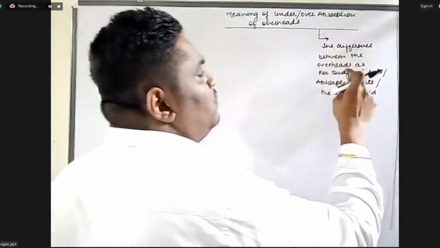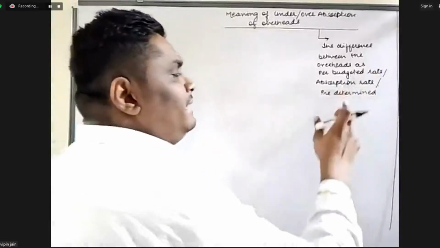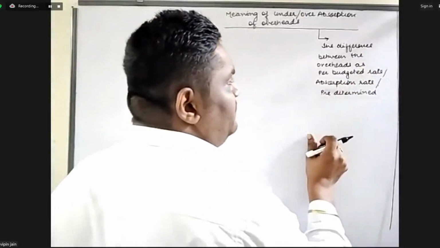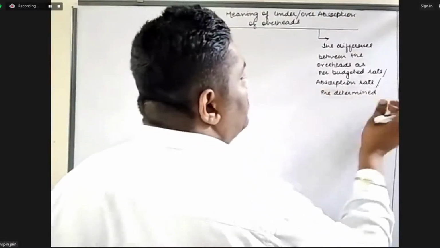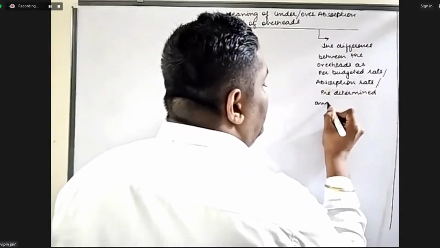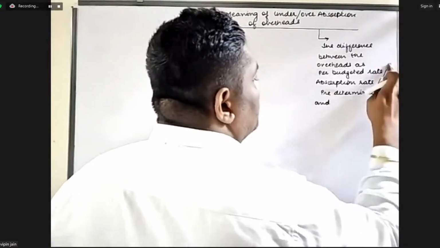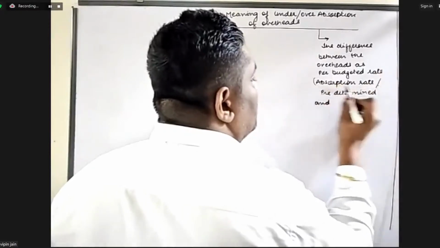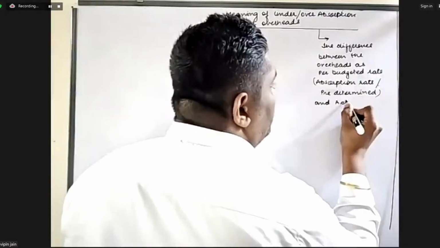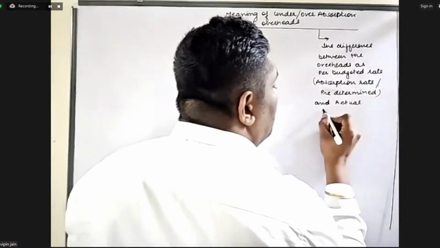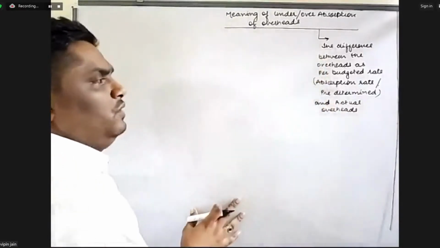The examiner can use these words interchangeably. So the difference between the overheads as per the budgeted rate or absorption rate or predetermined rate and actual overheads is under or over absorption of overhead.